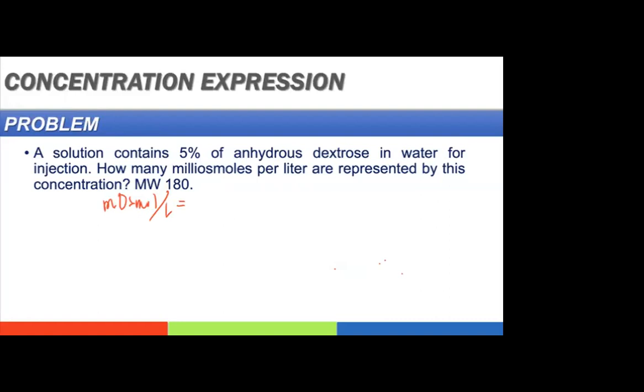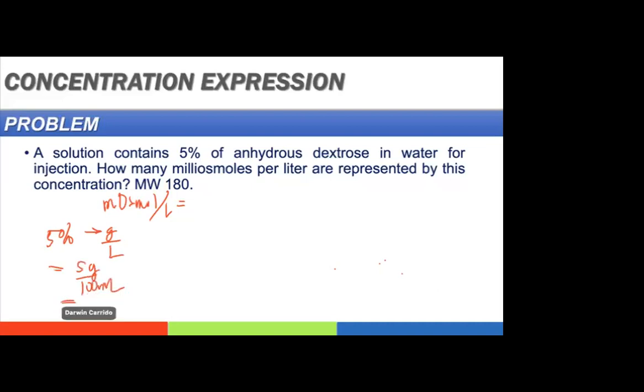In gram per liter. Which concentration will we use in this problem? 5%. So we convert that into gram per liter, not ml. We know that 5% is 5 grams in 100 ml, right?